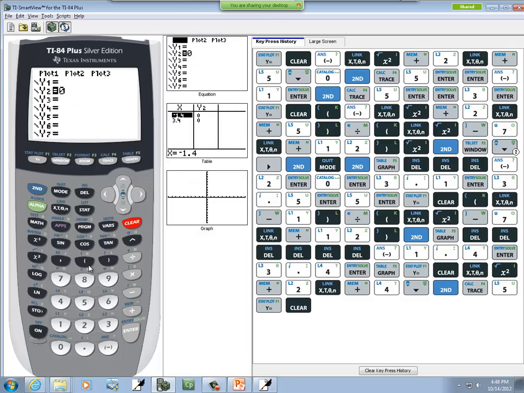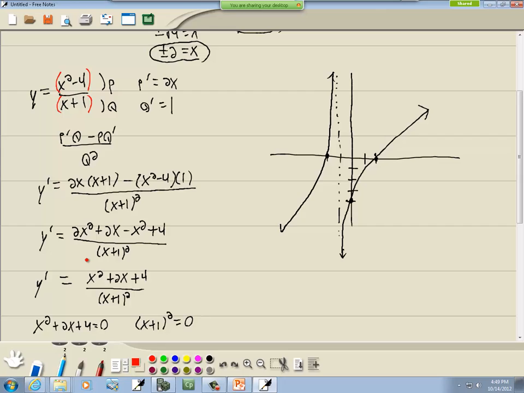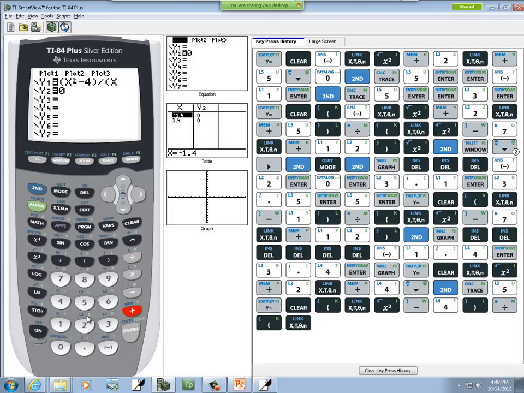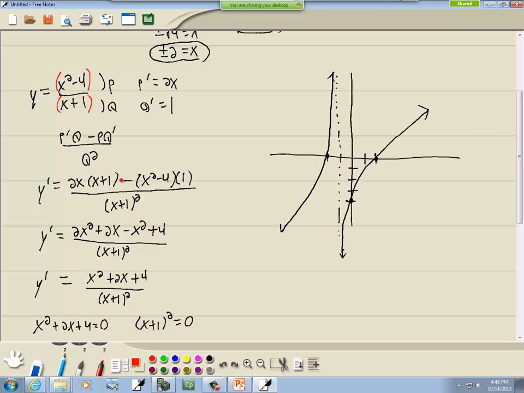So let's see what this looks like. See if we're even close. Y equals, clear, beginning parentheses, x squared minus 4, close parentheses, divided by beginning parentheses x plus 1, close parentheses, and then graph. And not too far off.